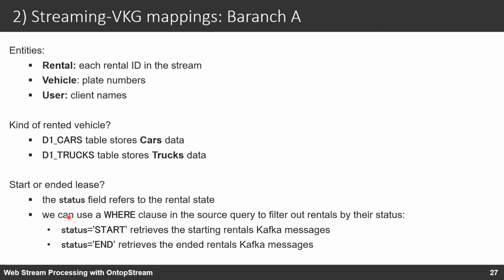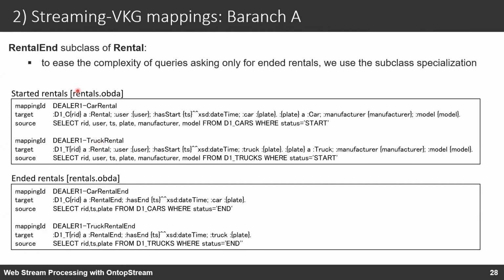So more practically, let's see how we translate our branch A and branch B data. Remember that we have these entities: rental, vehicle, and user. And we have these two Flink dynamic tables, dealer 1 cars and dealer 1 trucks.